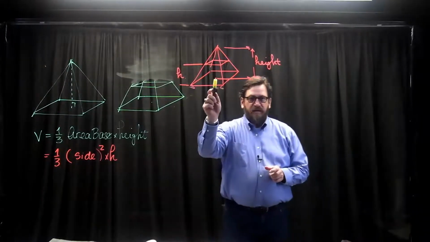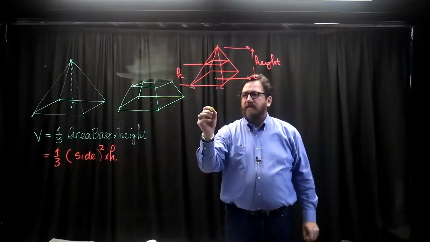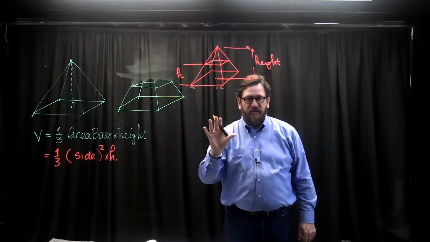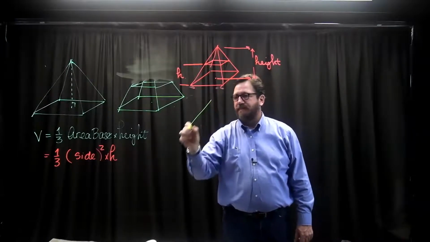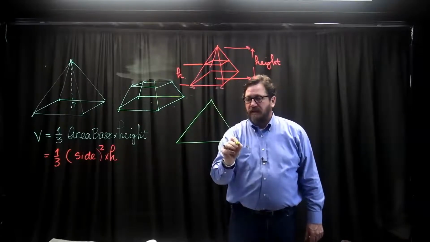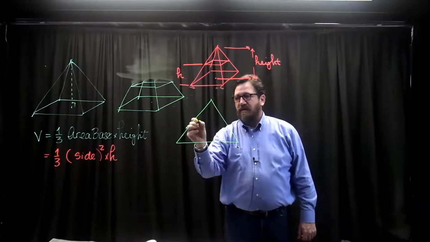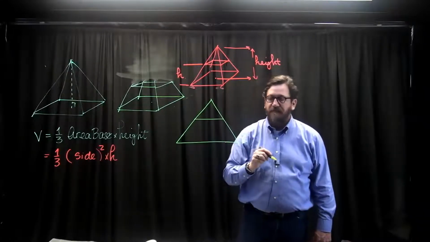So let's take a look at this triangle right here, or this pyramid. And what I'm going to do is I'm going to look at the central triangle if I slice it through the middle. And if I slice it through the middle, it's something looking like this. And we know we've built up to this point, and we're building all the way to here.